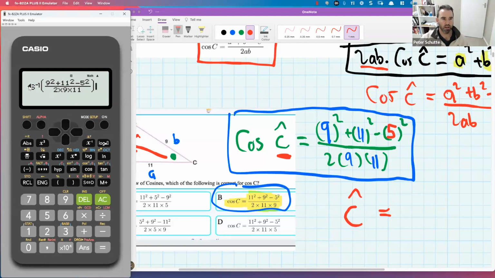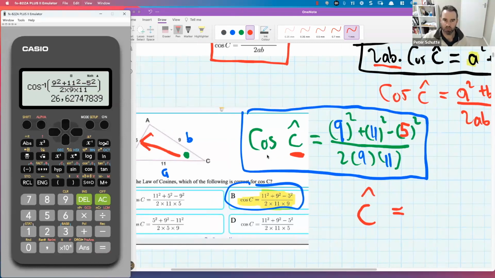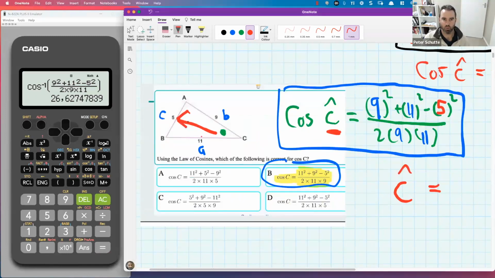What I get is inverse cos, and then this. If I hit equals, I should get 26.63. So the angle that I was finding at the beginning is 26.63.